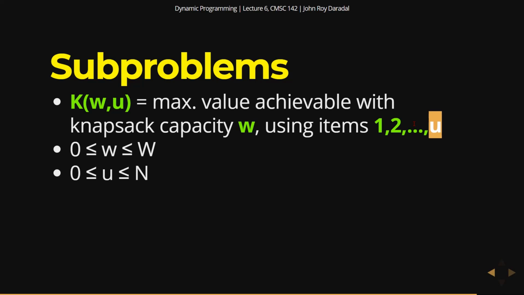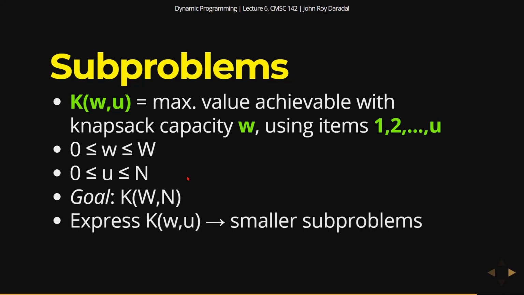So this is the maximum value if we used only items 1 up to 2 or 1 up to 3. So that could change because the more items that you consider, the more options you have to add to the knapsack, right? So w will still range from 0 to big W, and then U will range from 0 to n. Okay. So obviously the goal eventually is to get K of W, n, meaning you're considering all possible items.